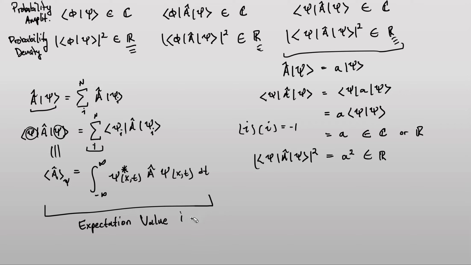I'll say of the operator, because I really want to put this in English, because oftentimes putting quantum mechanics in English does make it a degree more understandable. The expectation value of alpha, or of the operator A in psi. That's how we can read this. So this is the expectation value of A in psi.